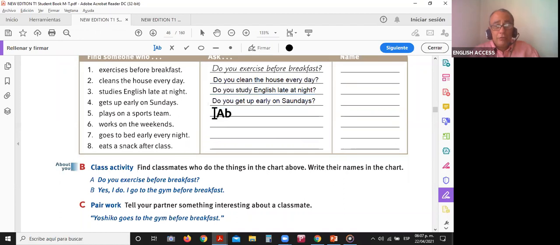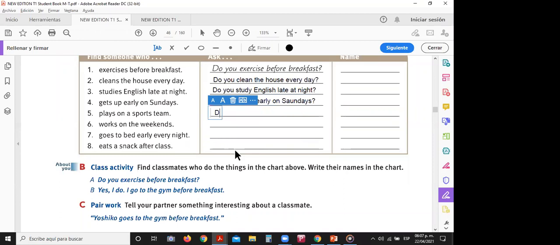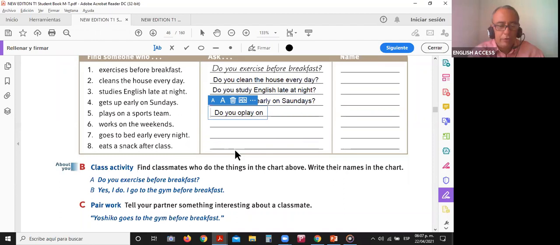Number 5, Antonio. Do you play on a sport team? Very good. Meaning if you play with a team, that you are playing with a sports team, con un equipo deportivo.